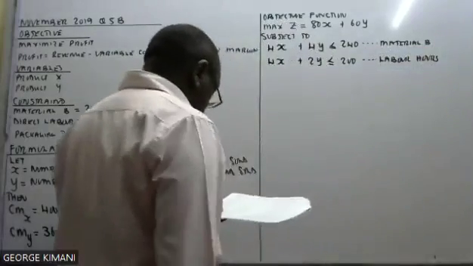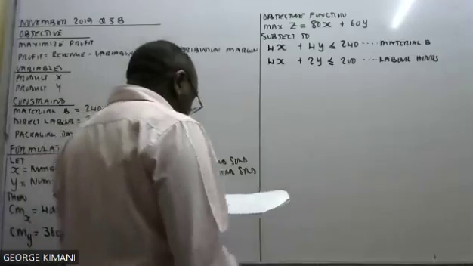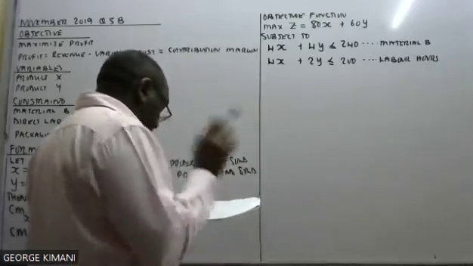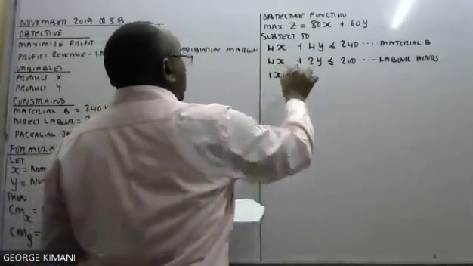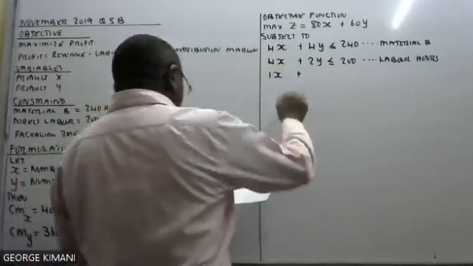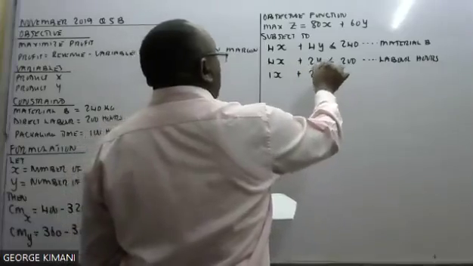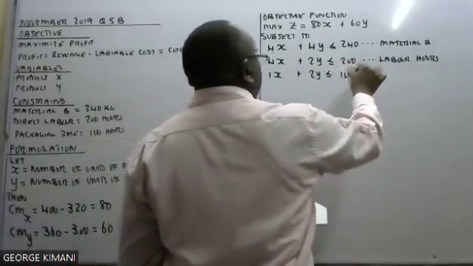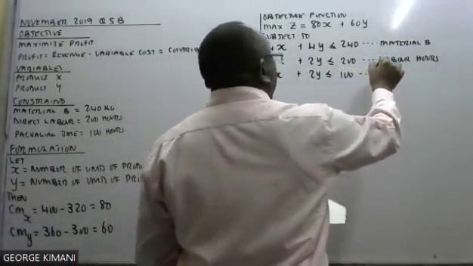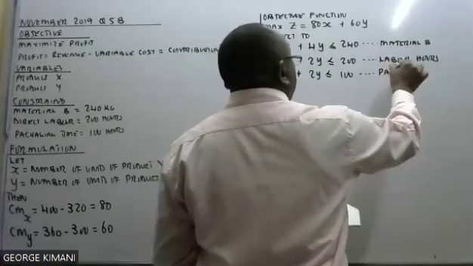For packaging we are told it is 24, so that is how many hours? 1x, and the other one is 2y, less than or equal to 100. This is packaging hours.